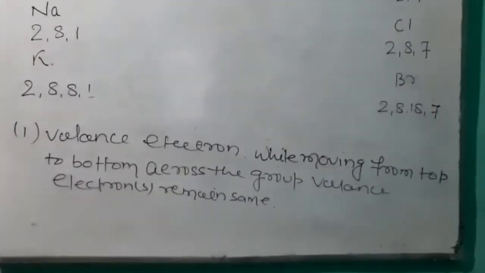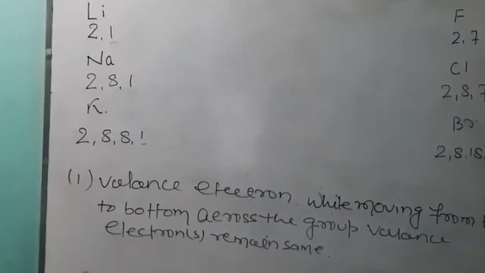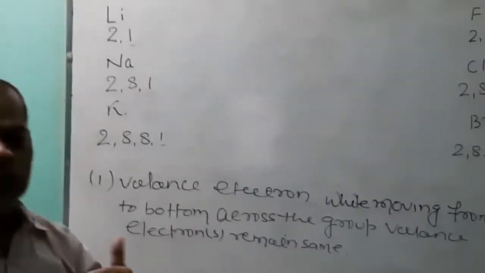So either you talk about group 1 or group 17, the valence electron while moving from top to bottom across the group remains the same.